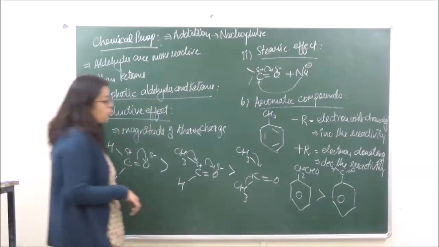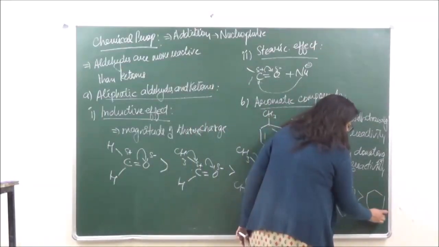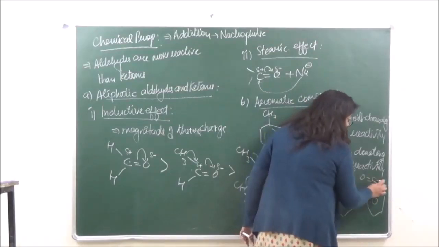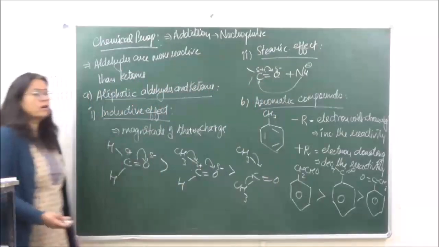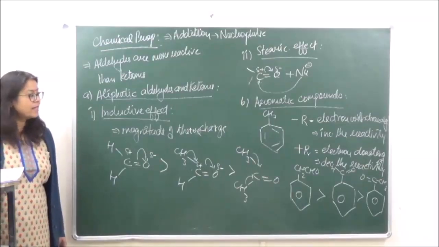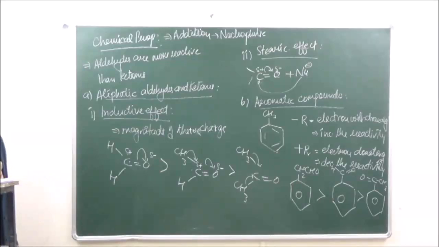And if there is a ketone present, the reactivity will decrease further. So this is the order of reactivity for aromatic compounds. Okay? And if there are two benzene rings present, then it will further decrease the reactivity.